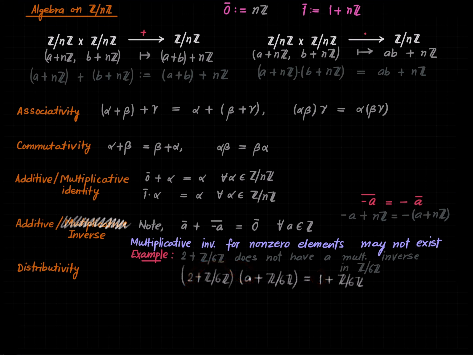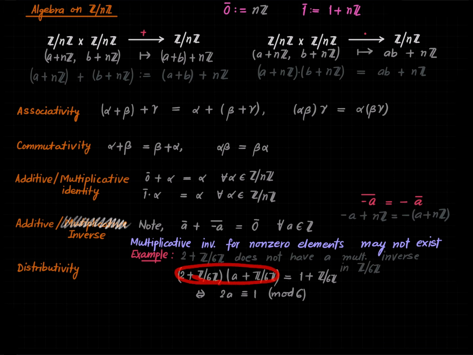Suppose you had an a such that 2 plus 6Z times a plus 6Z is 1 bar, then by definition this means 2a is congruent to 1 modulo 6. That's exactly how multiplication in Z mod nZ is defined. This thing is the same as 2a plus 6Z, and saying that 2a plus 6Z is equal to 1 plus 6Z is saying exactly this.